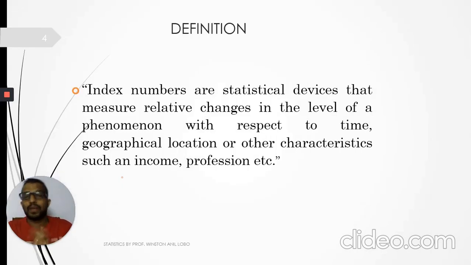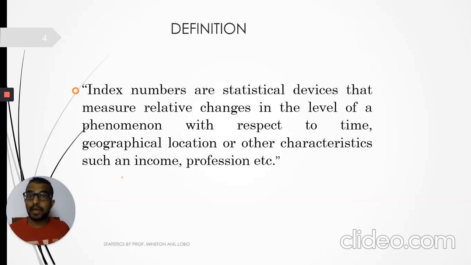Now, what does the definition of index numbers say in your textbook? Index numbers are statistical devices, a method of statistics. What does it do? It measures changes with respect to time, geographical location, or other characteristics such as income, profession, etc. Time, as I told you, means comparing how much the value was in 2019 compared to this year, 2020.